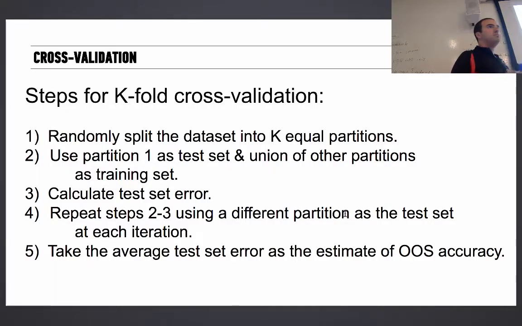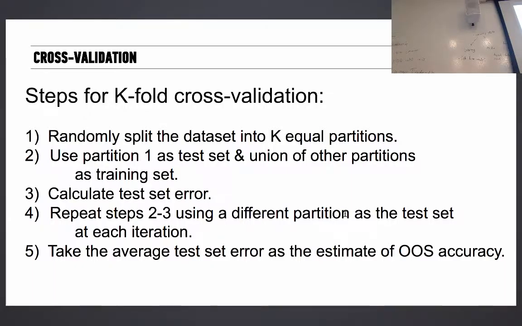Take data, 150 flowers, 1 million stock data, 800 UFO sightings, 100 NBA players, whatever it is. Randomly split the data set into k equal partitions. K is a very common variable. It's not the same as k nearest neighbors. It's not the same as k means clustering. K is another integer. Split it up into k equal partitions. So if k were 2, we would split Iris into 2 partitions, each with 75.